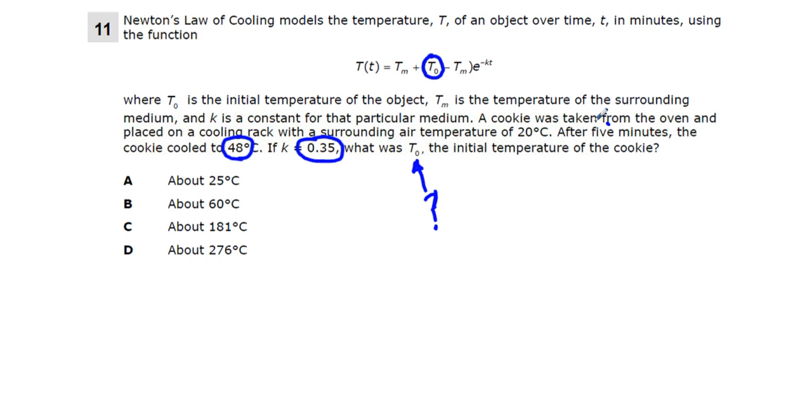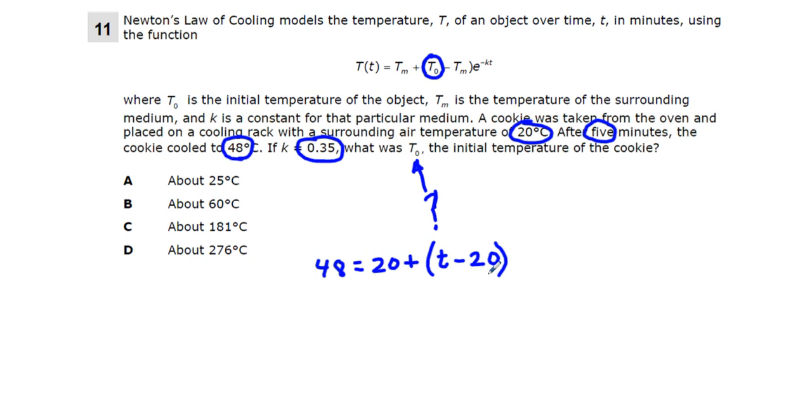We have the time, 5 minutes. We have the medium temperature, 20 degrees Celsius. So let's just go ahead and put things in here. We're going to have 48 is equal to t sub m, and t sub m is our medium. That's going to be 20 plus, we have parentheses, t sub 0, which I'm just going to put as t, minus our temperature of our medium, which is again 20.